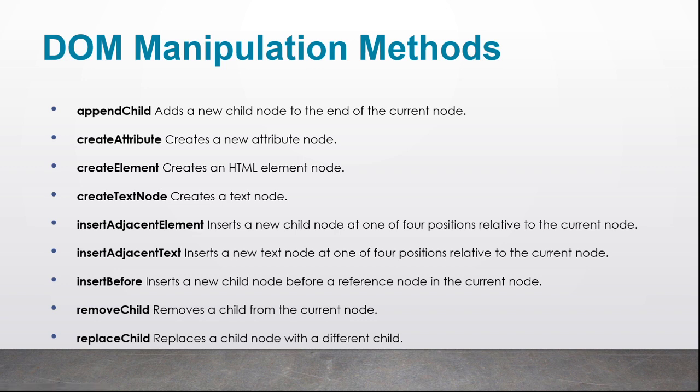So either previous next to, or previous after, that kind of thing. Parent or child. Adjacent, same kind of thing. It's a new text node at the element versus text. And then before the reference node, so it's like the opposite of append.